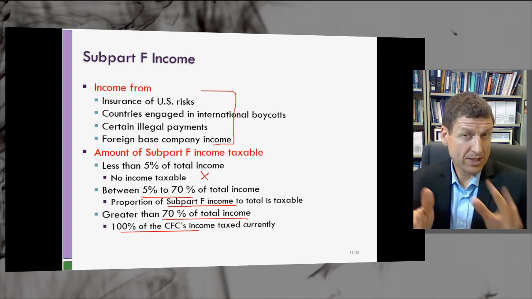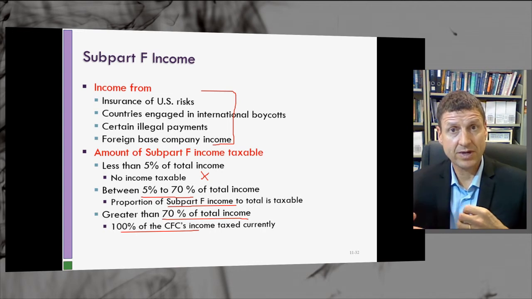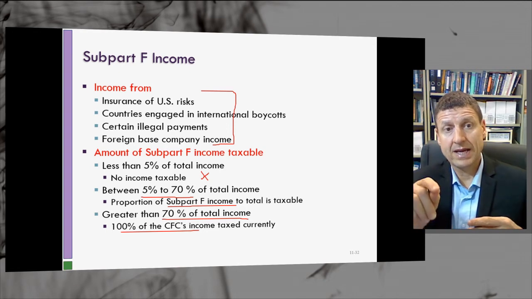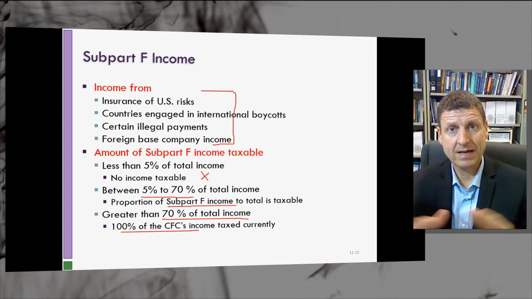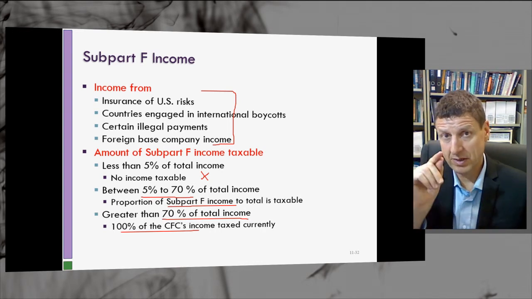So it's a little bit complicated, but keep it in mind: even though you control that foreign company and decide not to pay a dividend because you'd be taxed on it, if the CFC law and subpart F come into play in deeming the income to be a dividend, then it is a dividend even if you don't pay one. Wow, you need to watch out for this.